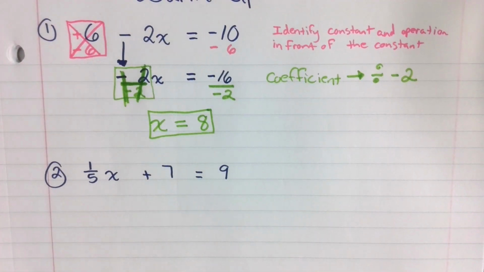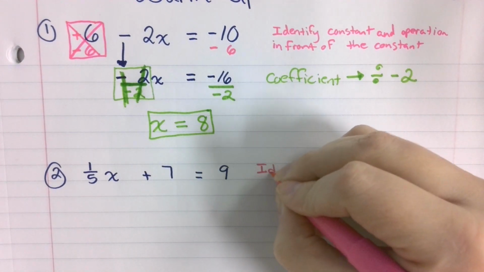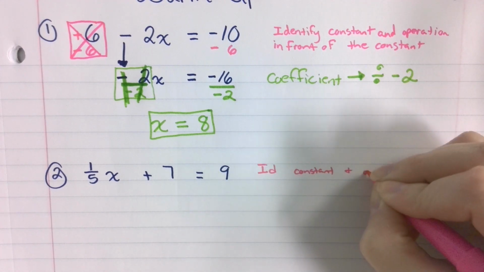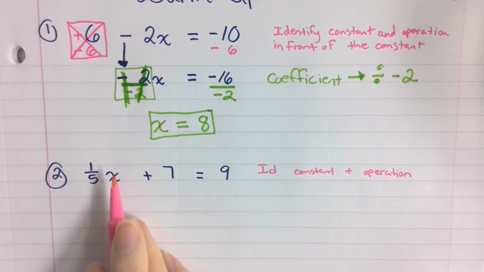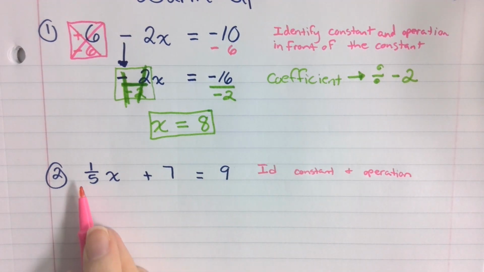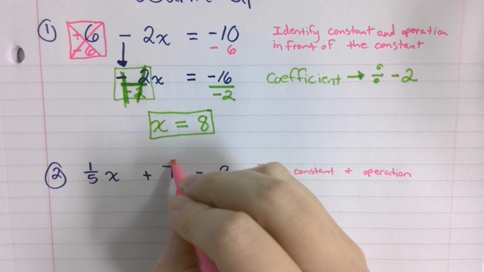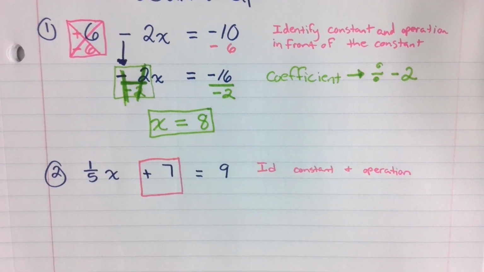Same steps, same process. The first thing that we need to do is we're going to identify the constant and the operation in front of it. What number up here is my constant? 1/5, 7, or 9? 7. 7 is my constant. So I'm going to put a box around that plus 7.